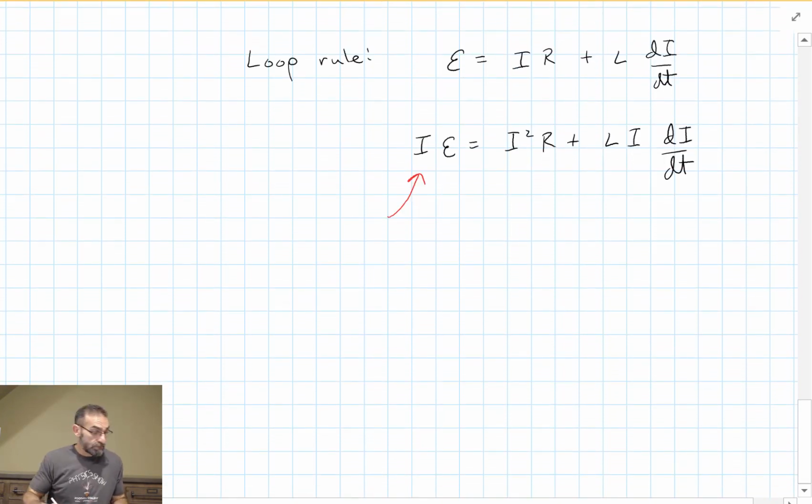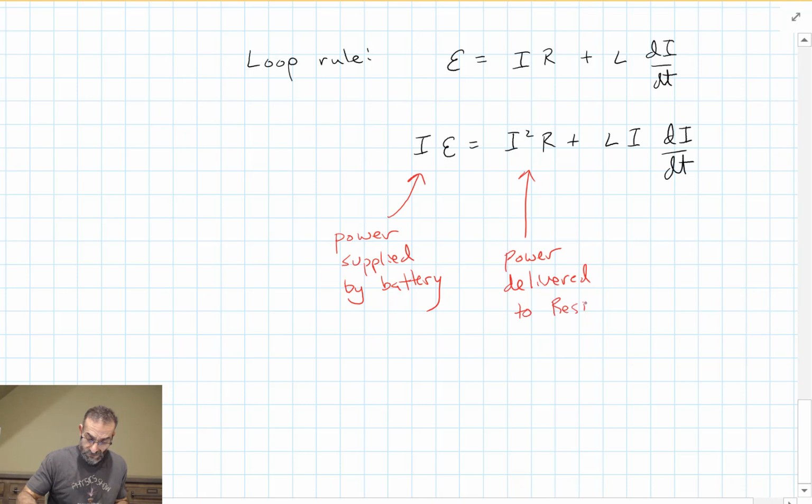That's the power supplied by the battery. I squared R is the power dissipated in the resistor. So this last term must be power delivered to the inductor.